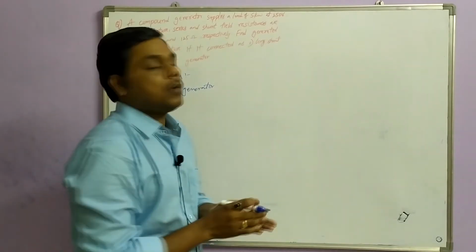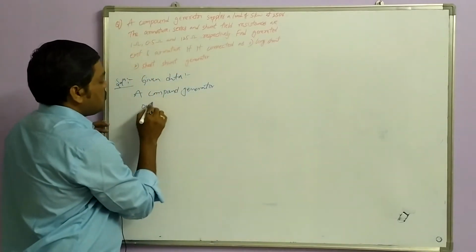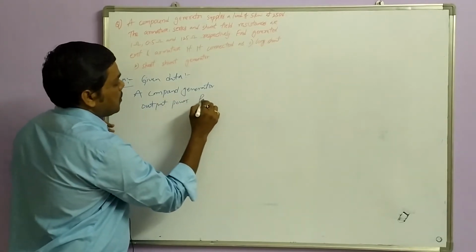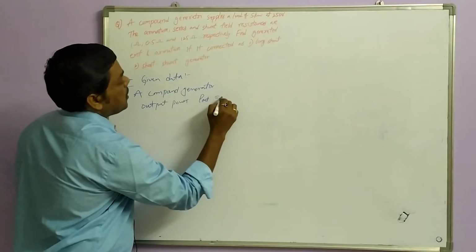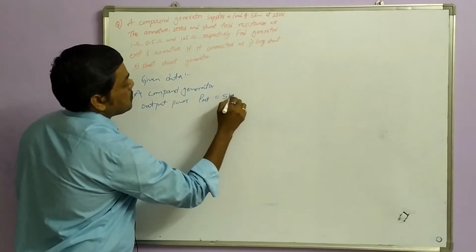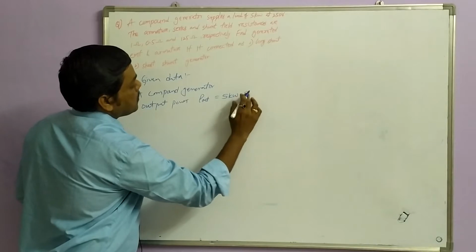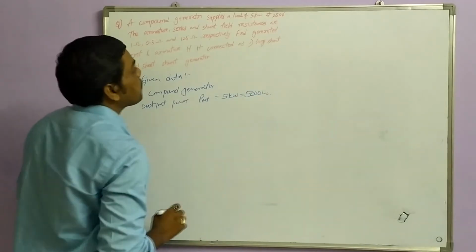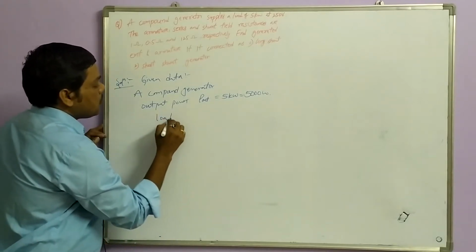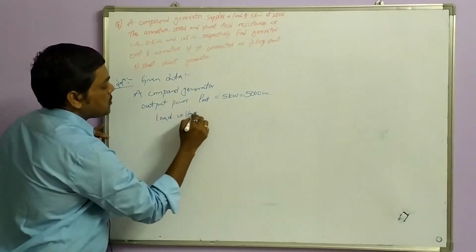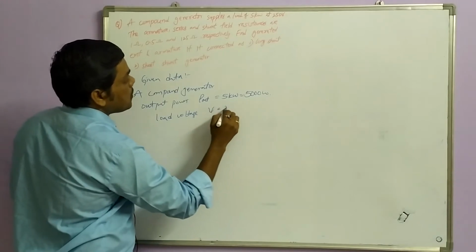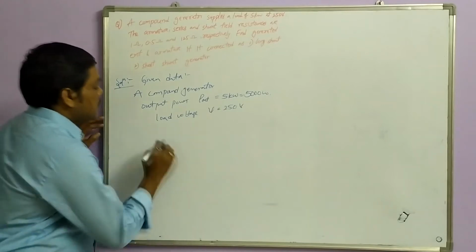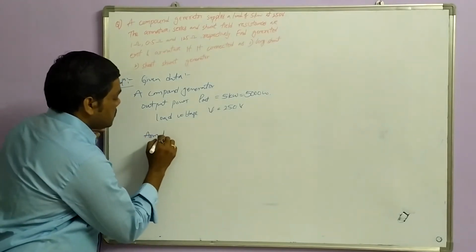So output power P out is given as 5 kilowatts, nothing but 5000 watts, and the load voltage, or voltage across load terminals, is 250 volts.